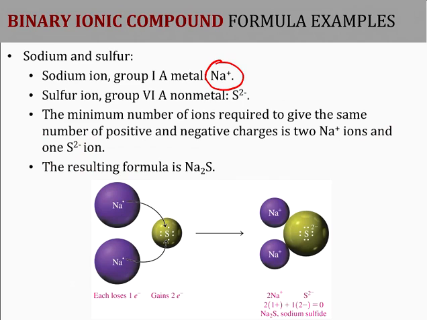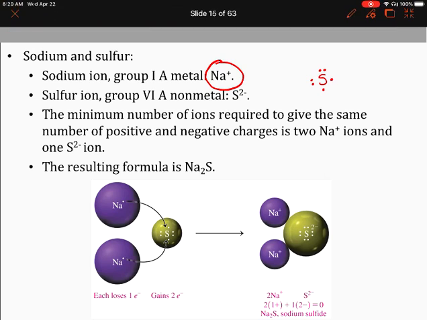So sulfur, you might remember, if we draw the Lewis symbol, sulfur is in group 6A, so it has 6 valence electrons. And it needs 2 more electrons in order to have an octet. So we'll draw those 2 other electrons in blue.